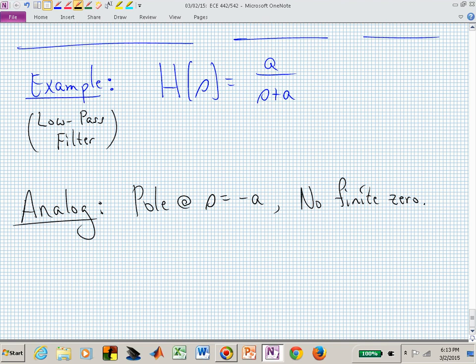Because you have, and maybe you're familiar with this from earlier classes, the pole-zero excess. What's the pole-zero excess? How many more poles do you have than zeros? 1. That tells you you have 1 zero at infinity.